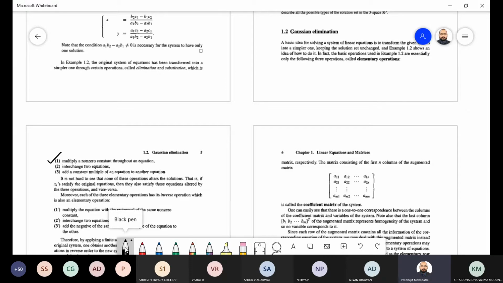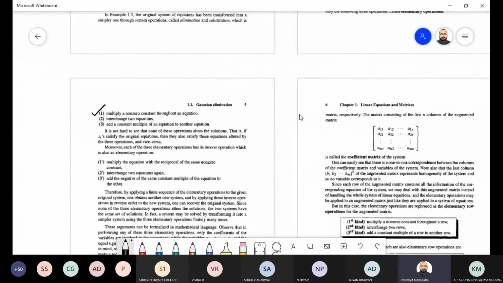If x plus y equal to 2 is written, you can write 2x plus 2y equal to 4. You can multiply by 2, 3, 5, 7, whatever value depending on your need. That is the first permission.